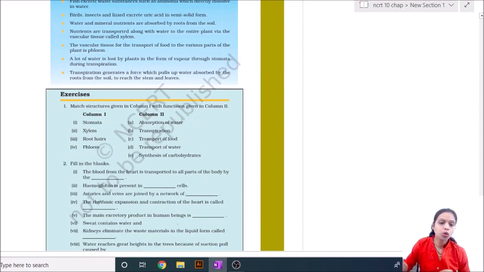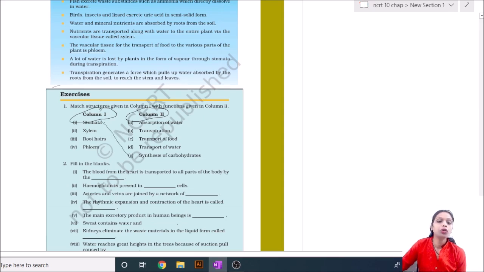Here is a matching question, meaning stomata. There are two columns given here and we have to match one column to another. Stomata is actually a pore that is available over the leaves, and it synthesizes the carbohydrate.